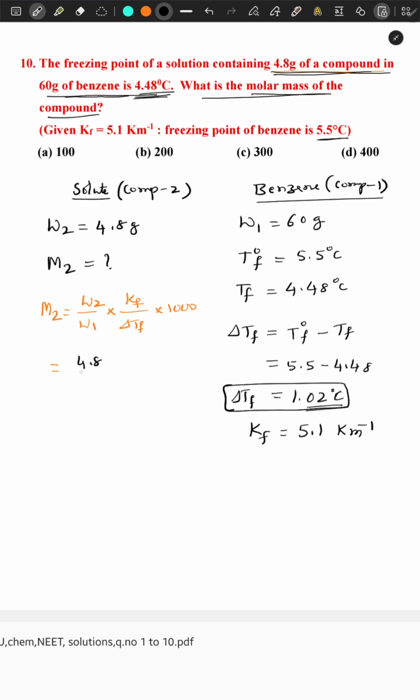W02 4.8, W01 60 gram they have given, and then KF value is given 5.1, and of course depression in freezing point delta TF is 1.02, into 1000. So after simplification, the molar mass of the compound will be 400 gram per mole. So the answer is fourth option, 400. So question number 10, option 4 is the correct answer.